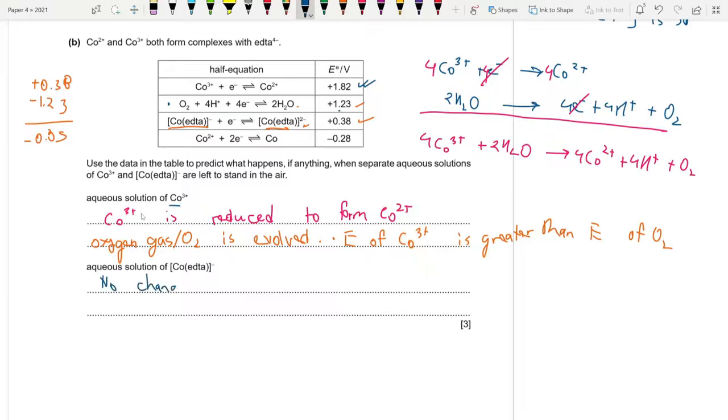It's going to be no change to cobalt EDTA minus, or we could say that it's not feasible, because the E of cobalt EDTA minus is less than the E of O2. Okay, that's basically it.